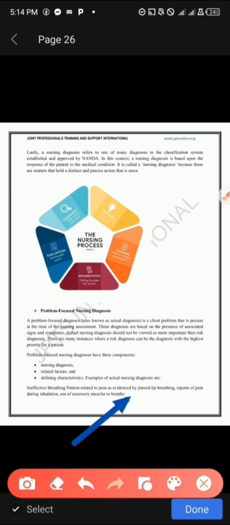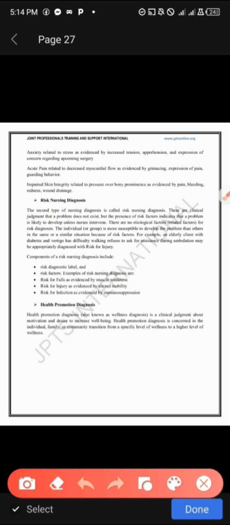Anxiety related to stress as evidenced by increasing tension, apprehension, and expressed concern regarding upcoming surgery. For example, anxiety. You may tell somebody that you are going to have surgery, which is an operation. The person may have fear, tension.